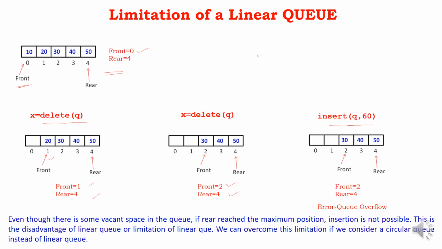It checks if the queue is full. If the queue is full, it is not possible to insert. Else, rear is increased and the entry at rear is x.